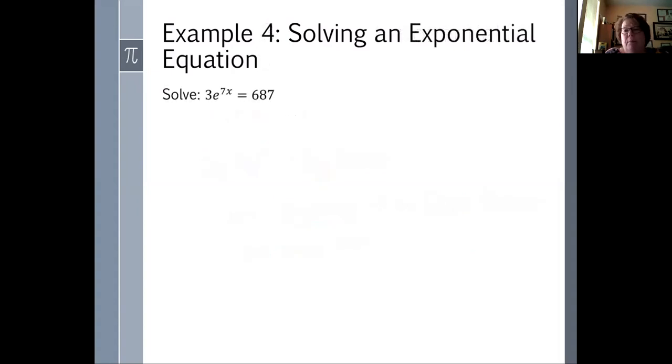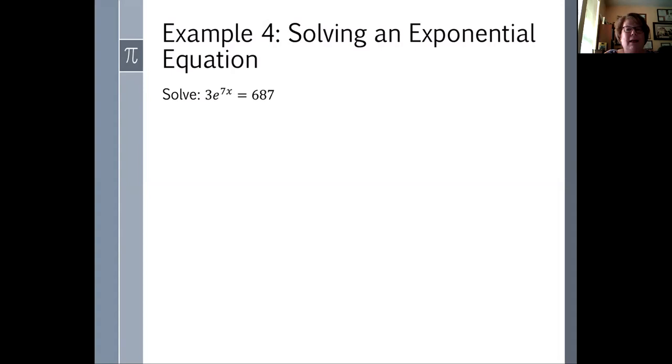All right. How about this problem? We have 3e to the 7x equals 687. So to solve this, step 1, is my exponential isolated all by itself on the left-hand side? And the answer is no, because I'm multiplying the e to the 7x times 3.